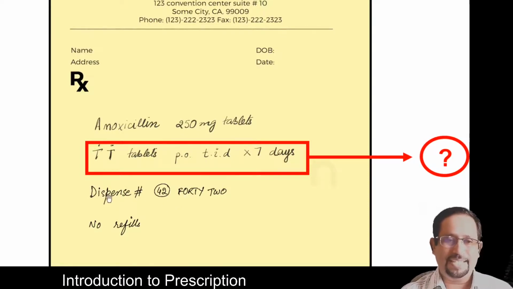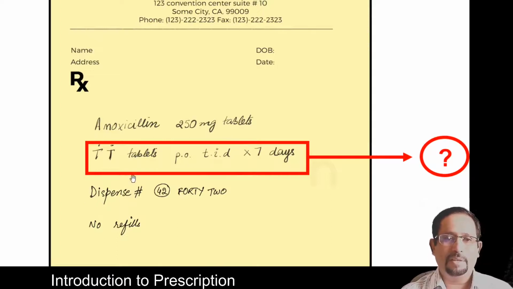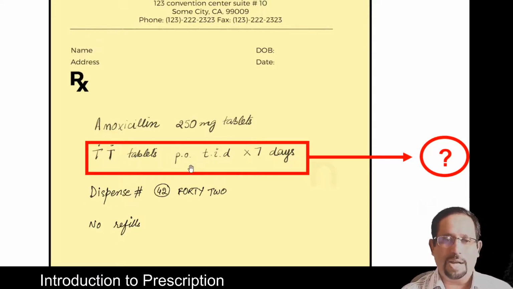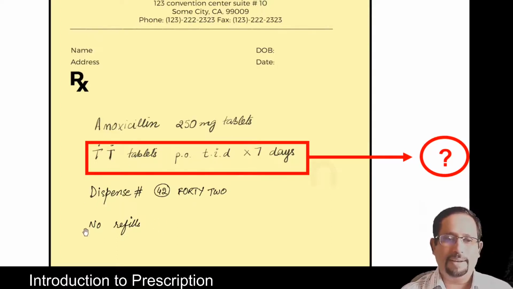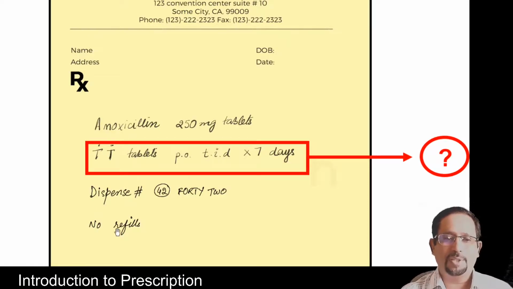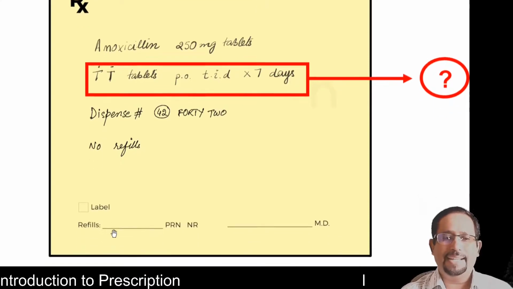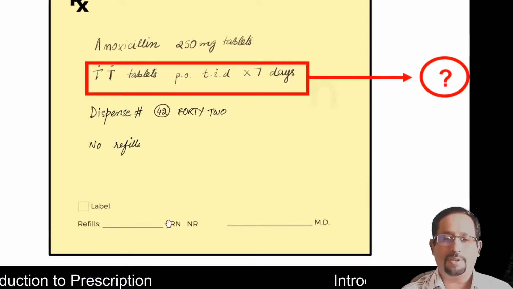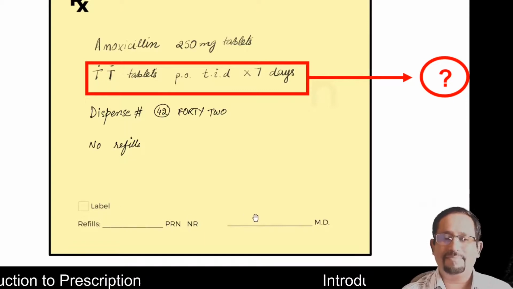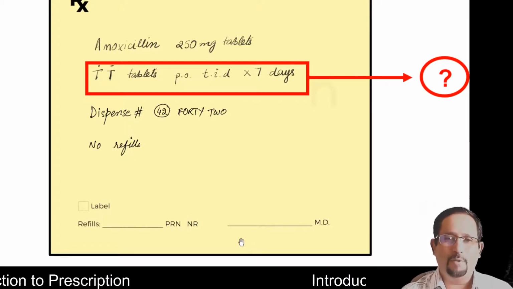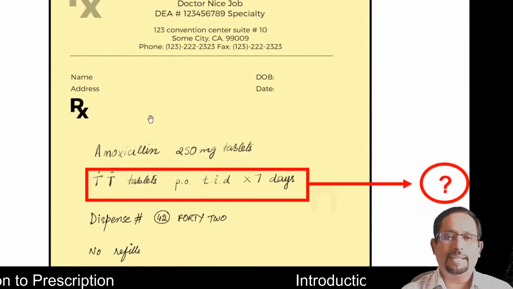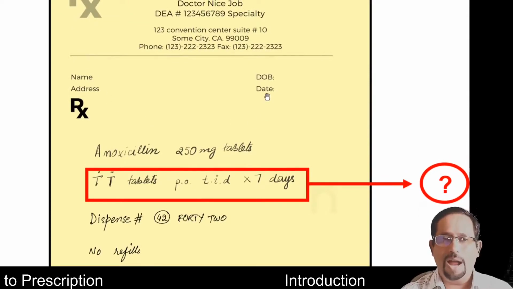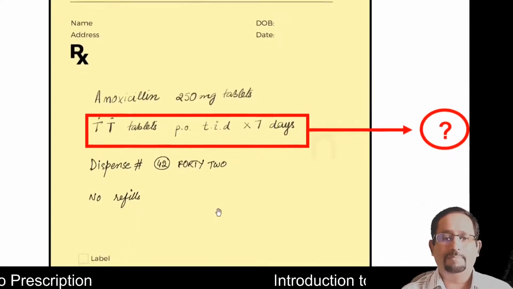Part 6 is a signatura that is present. Part 7 is refilling instructions. So that is also present, no refills is the instruction. And part 8, signature and registration of the doctor, is not present. Therefore, let me tell you the missing information is part 1, part 2 and part 8.